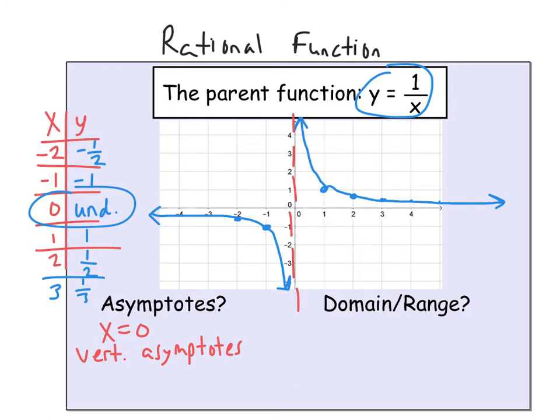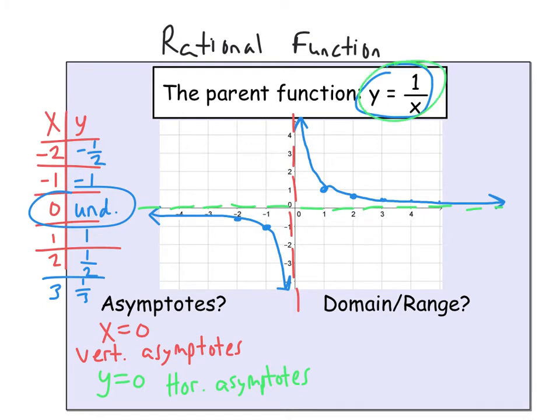Okay, we also have in this example, as we go in the horizontal direction, an asymptote at y equals 0. Okay, that is a horizontal asymptote. The reason that one exists is because as x gets very, very big, right, think of the function 1 over x.